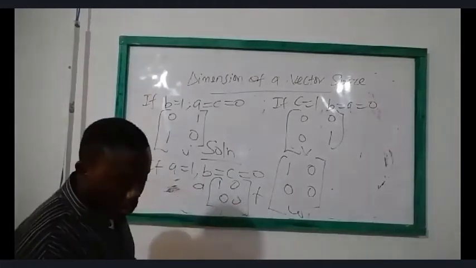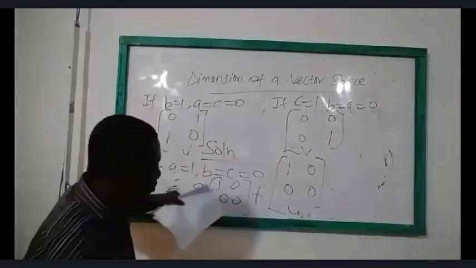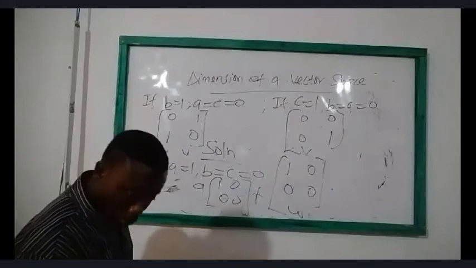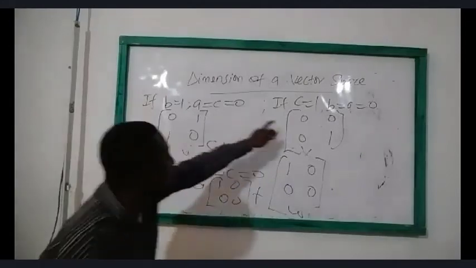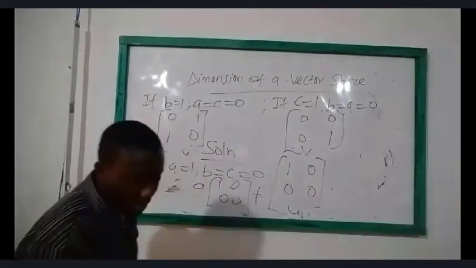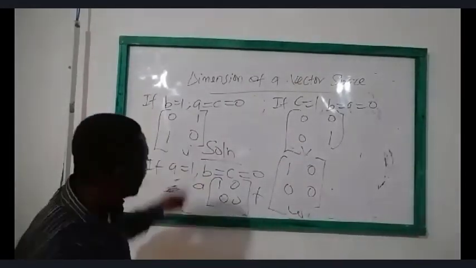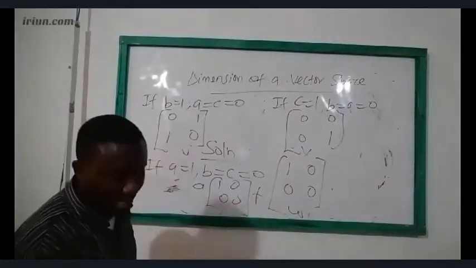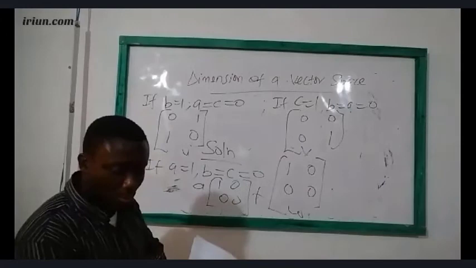If you are able to add all these vectors, you can see that it will still be a 2 by 2 matrix. If you add all the three matrices we have derived from assuming values for A, B, and C, it is still within a 2 by 2 matrix as it is defined. So it makes it spanning.